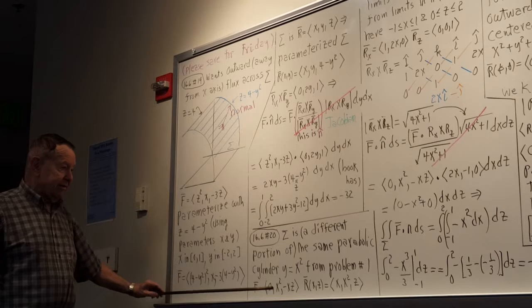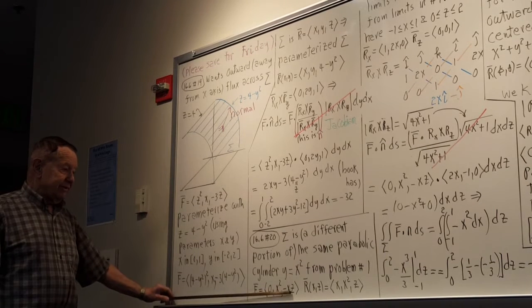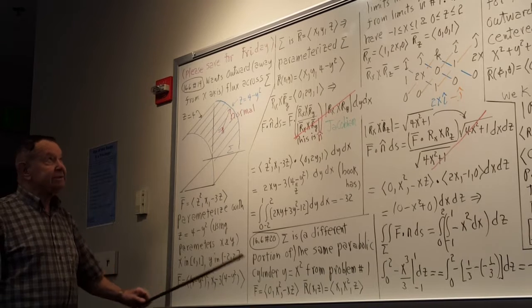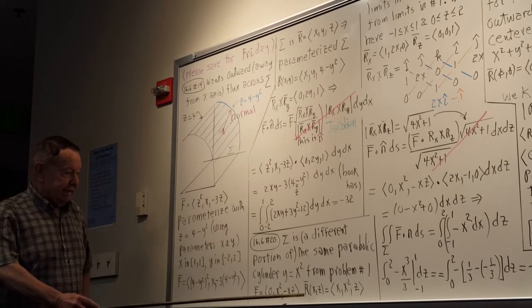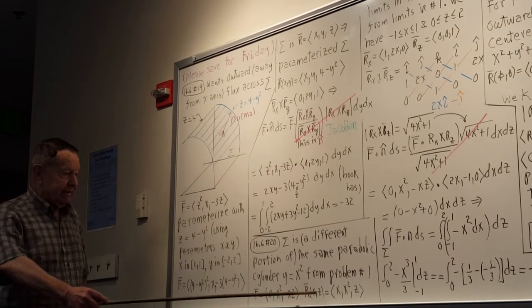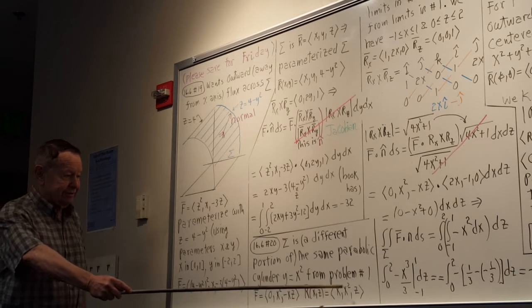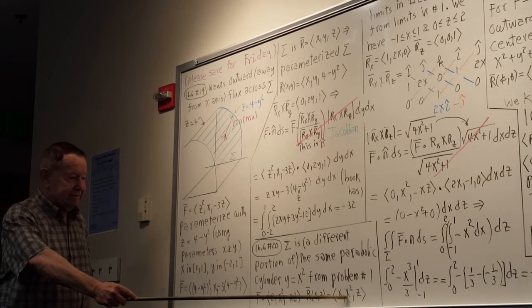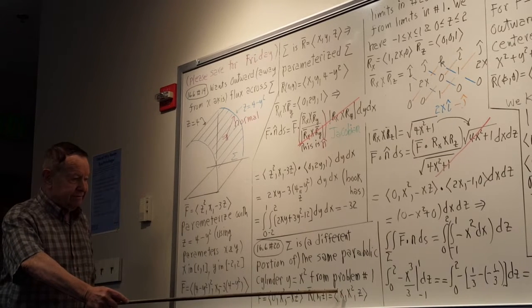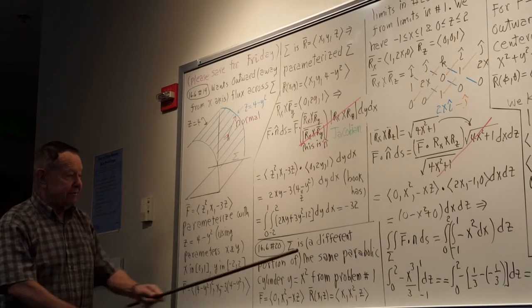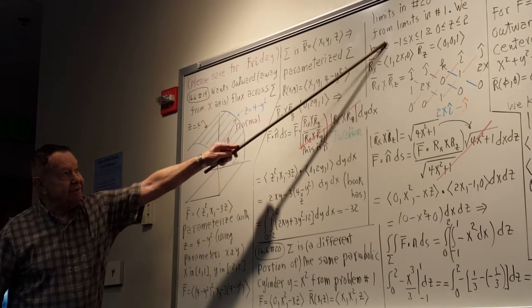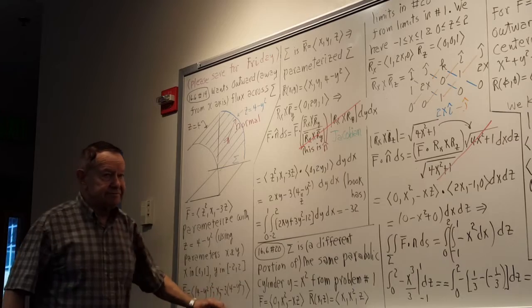So our vector field this time is 0, x squared, and minus xz, and again our parameterization for the surface is the same, y equals x squared, and then the parameters become x and z. But now we have these different limits.